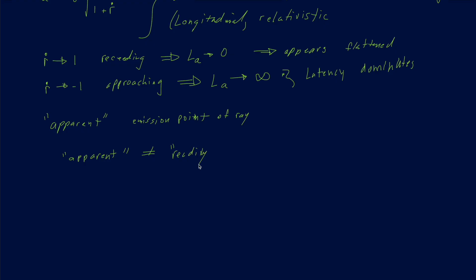Just because an object is apparently contracted or extended in this very specialized sense, it is not readily apparent. And the reason for this is that this distortion that we see here all occurs along the line of sight.